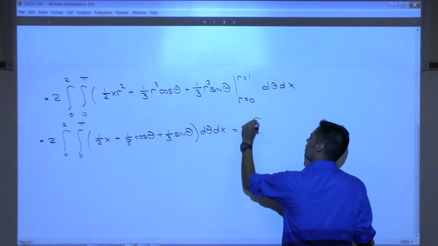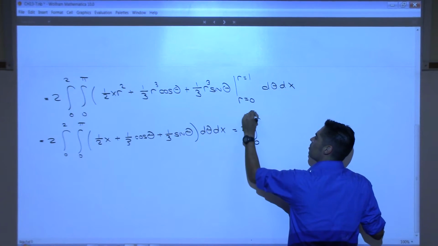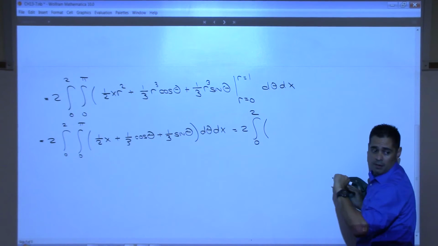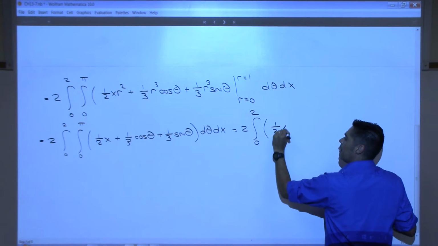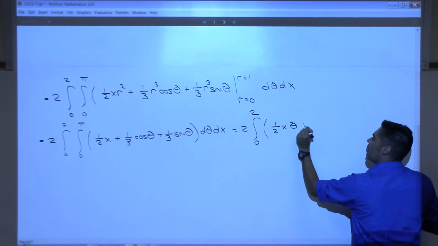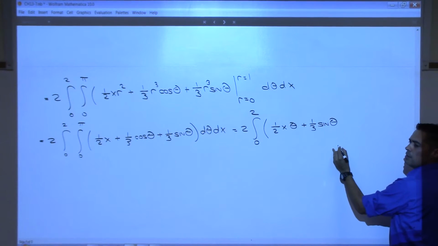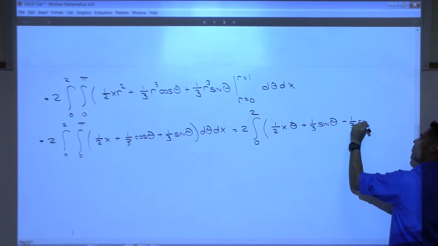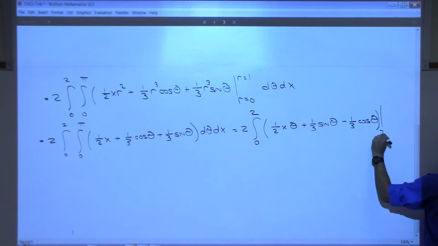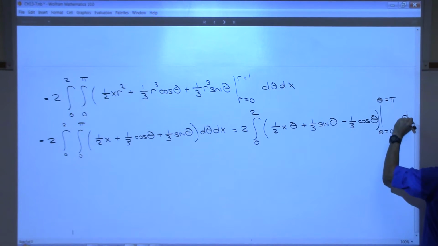Equals 2 integral, oh, I'm integrating only 1 now, 0 to 2, antiderivative of 1/2 x with respect to theta. 1/2 x theta, right? Plus 1/3 sine theta minus 1/3 cosine theta, evaluated theta equals 0 to pi, dx.